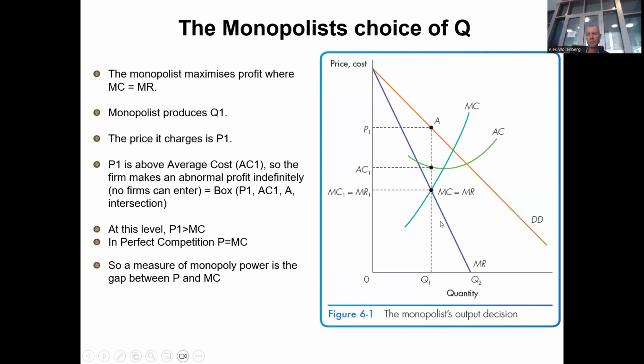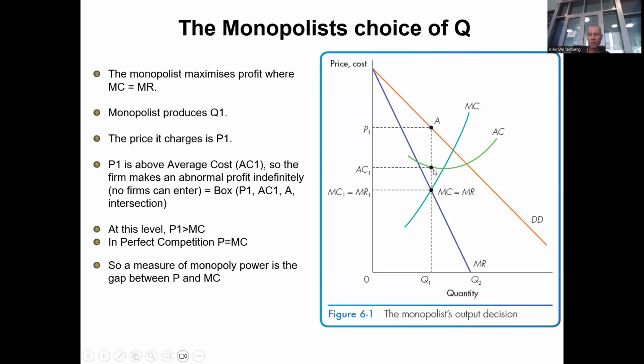Now, the price that the monopoly will charge, however, is not the price on the marginal revenue curve here. Because a monopolist has price setting power. Remember, a monopolist will produce where marginal cost and marginal revenue intersect, but the monopolist will simply charge the price on the demand curve.